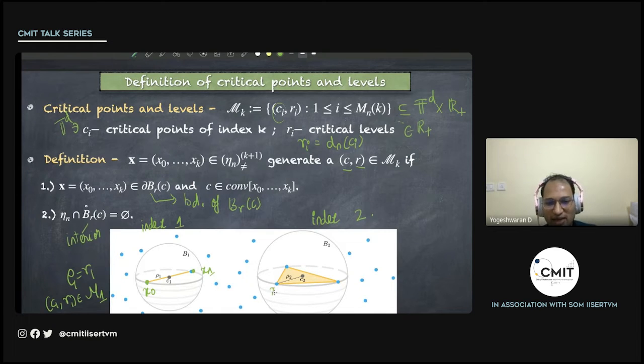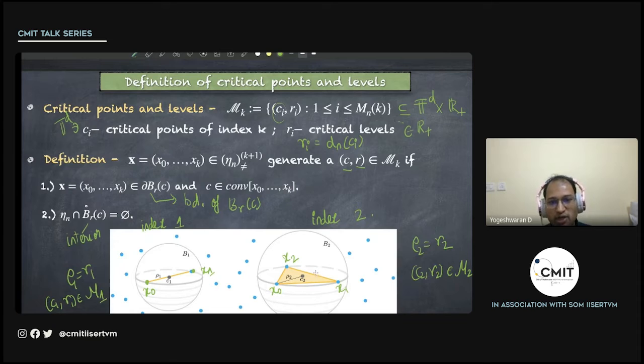What is happening here? I take x0, x1, x2. Okay, C2 is this. Rho 2 for me is equal to R2. So I take C2 comma R2 belongs to M2. Okay, because a ball of radius R2 at C2 contains exactly 3 points on the boundary and nothing inside.